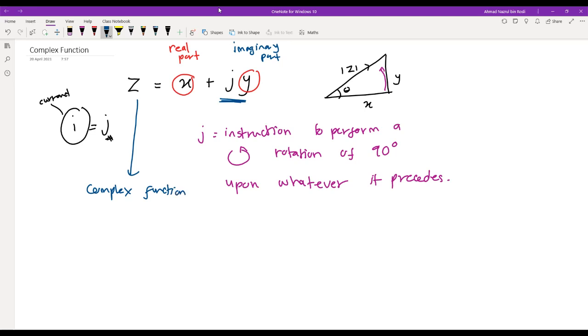To explain j is actually a very long story. You can find notes online explaining the history of i or j itself, but I will not explain it here. So we go straight to the application of j.